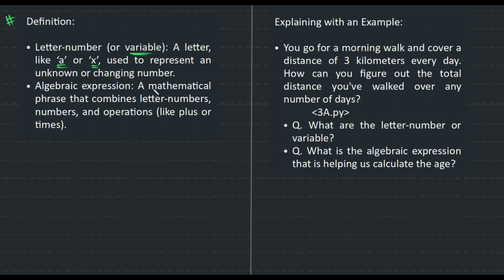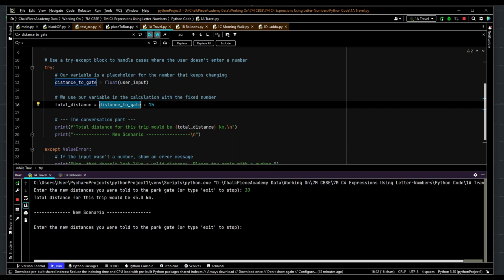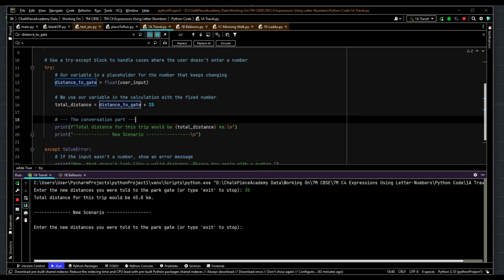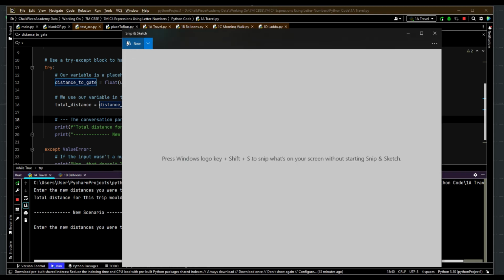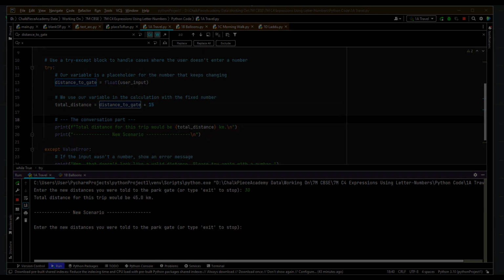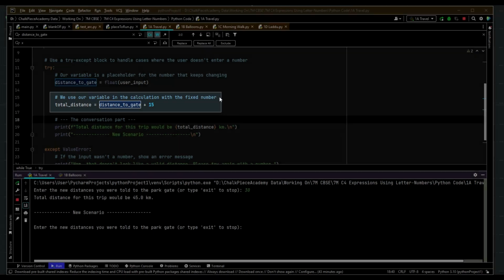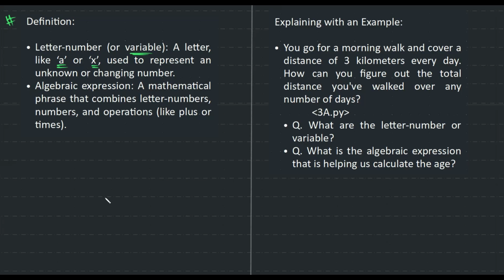Now, algebraic expressions are mathematical phrases that combine letter numbers or numbers and operations, like plus or times or whatever. What does that mean? In this case, let me take a screenshot. How visible is this to you guys?